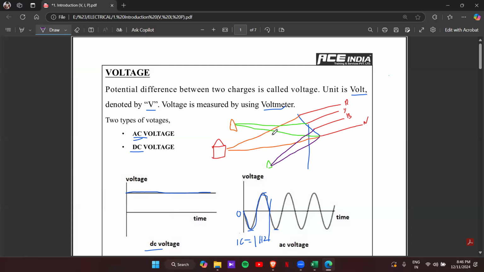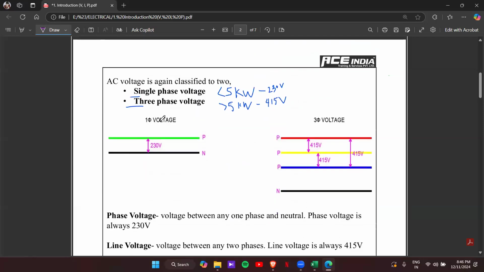So you can see in single phase, you have only two lines, one phase and one neutral. In single phase supply, we will call it phase voltage. Phase voltage means the voltage between one phase and a neutral.